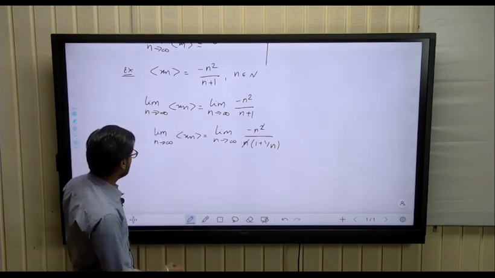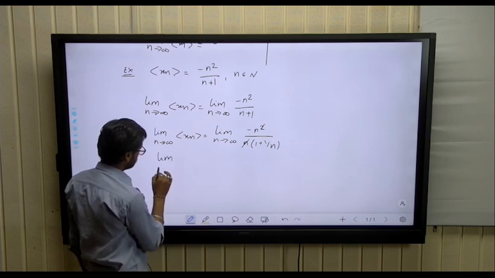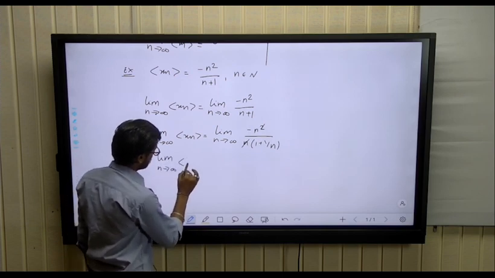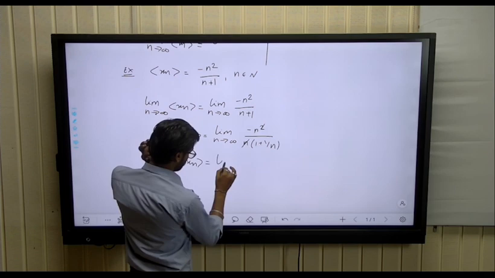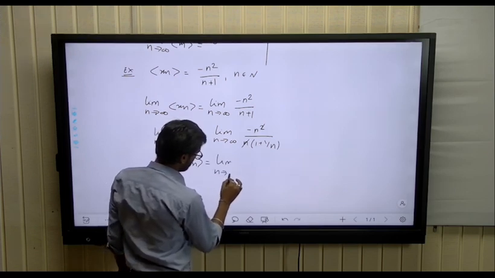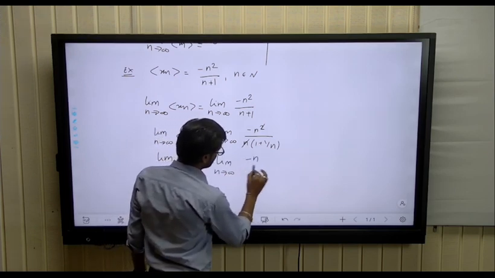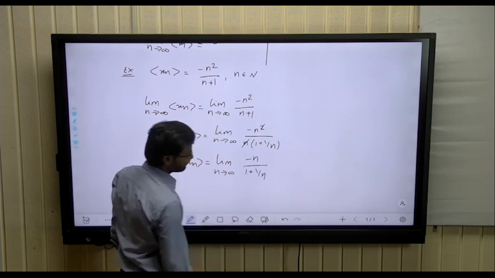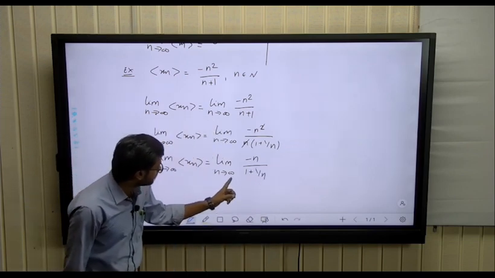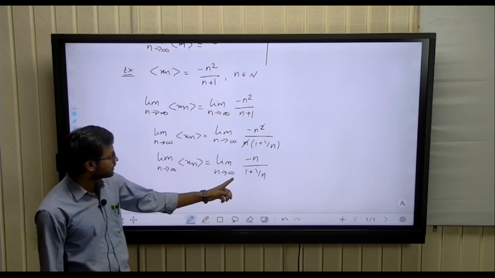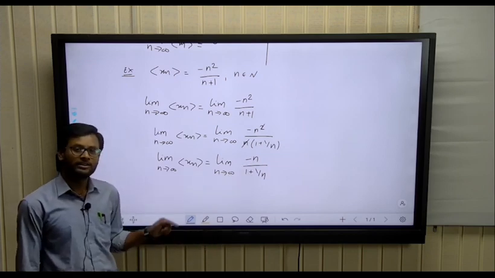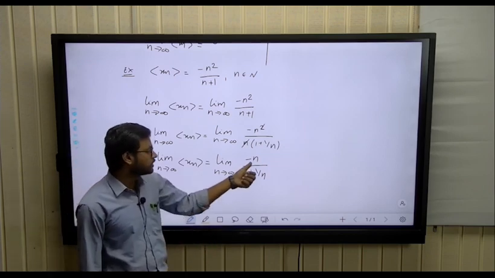So, what we got is the limit as n tends to infinity of minus n upon 1 plus 1 upon n. Okay, now we put the value of n, which is infinity.